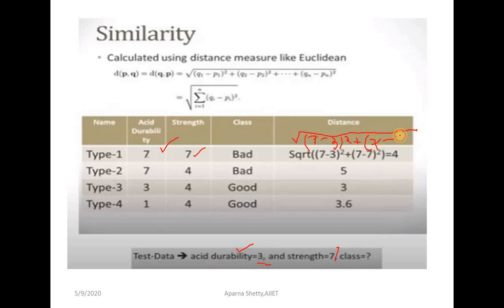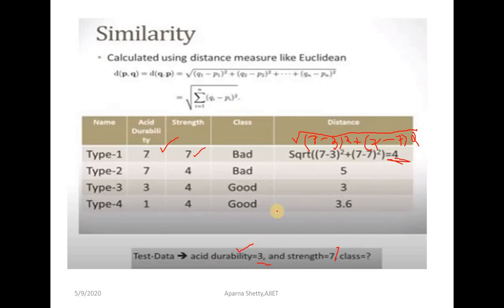What is 7 minus 3 the whole square? You will get 4 square plus 7 minus 7 the whole square is 0. So 4 square is 16. Square root of 16 is equal to 4. Okay, so that is the distance between the first training record and the test data.